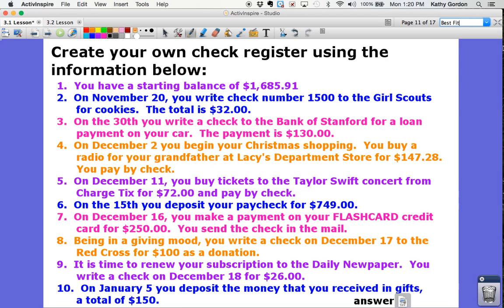Okay, so you're starting out with check 1500. I didn't specifically tell you the check numbers beyond that, but you should just assume that you're going one by one after that to fill in your check numbers. The deposit, notice, does not have a check number because it's not a check, right? You're putting money in, so that's not going to have anything in that first column.